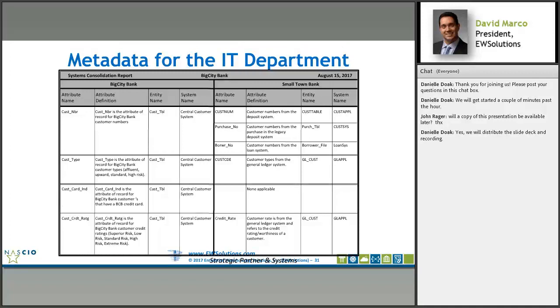They have a good definition that comes right from their data governance process. And then from the systems that they are integrating, they can see CUSTNUM, this first line in white on the right side, is the same as our cust num, because this is how we integrate our systems.